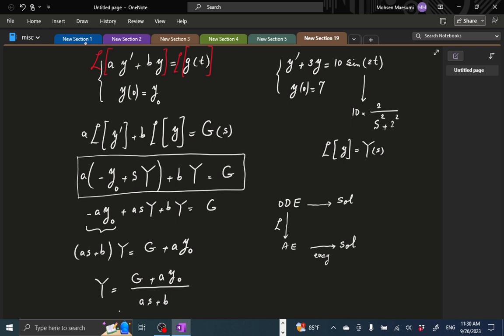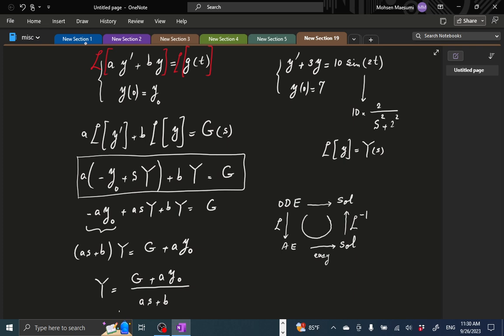Now comes the challenging section. Well, how do I go back up? I need to apply inverse Laplace transform. The way we do that is by looking up in the table that we have and finding our way back to the solution. So we said we take this detour.